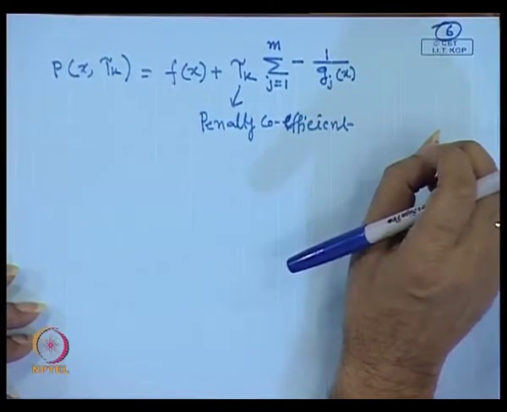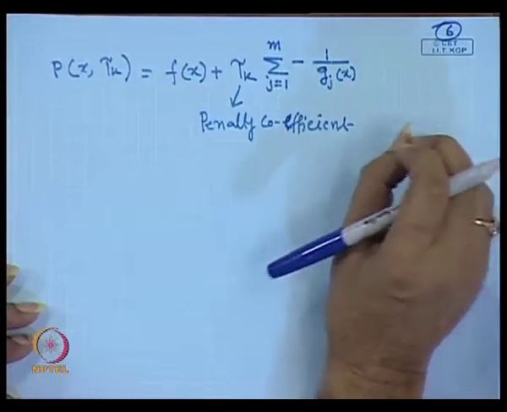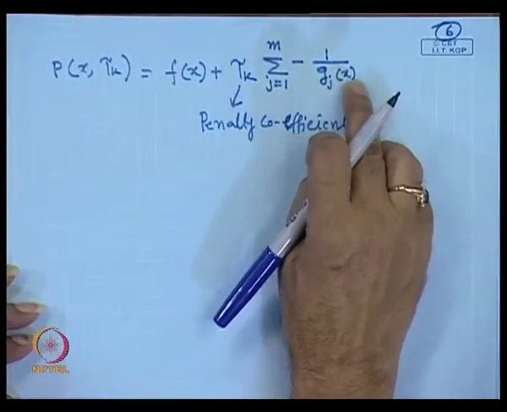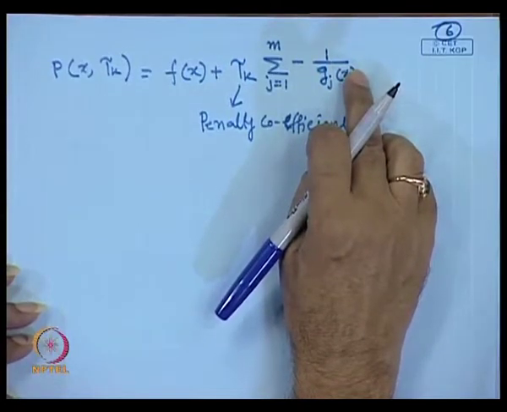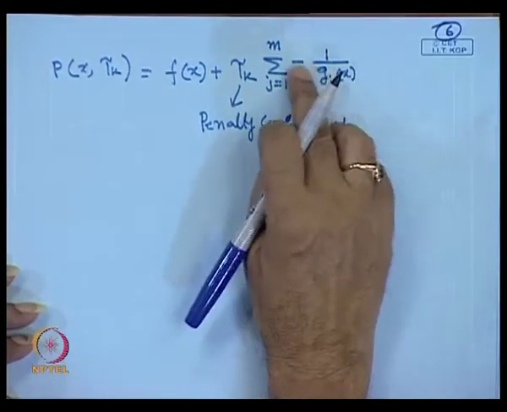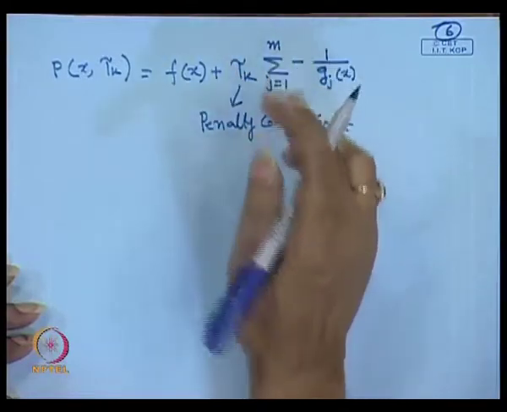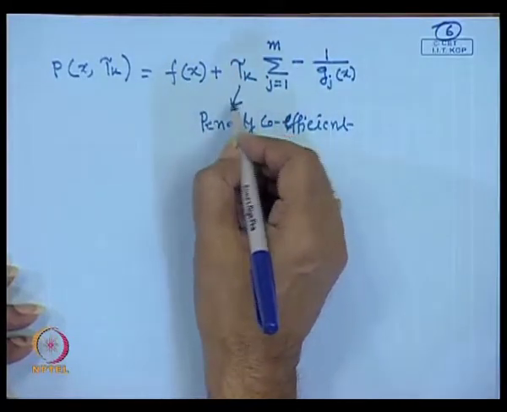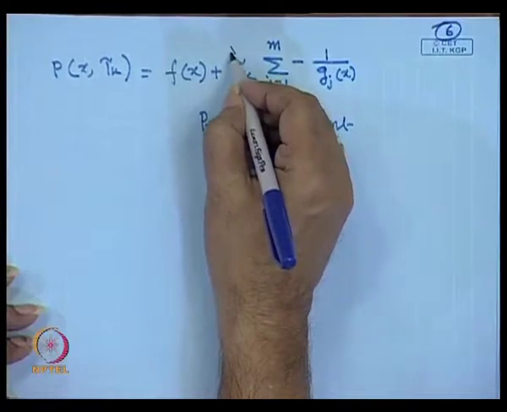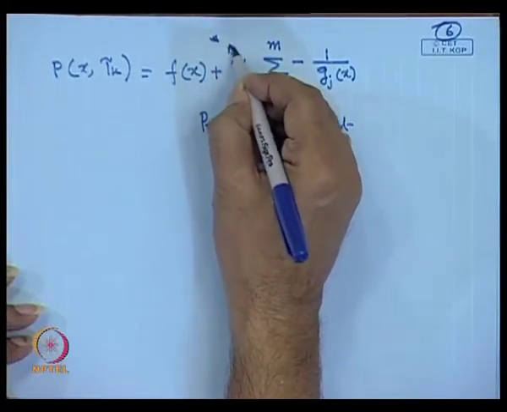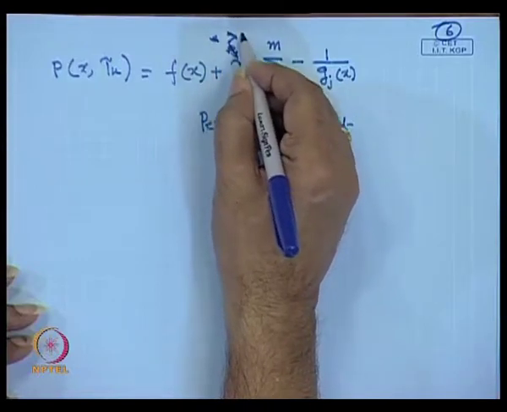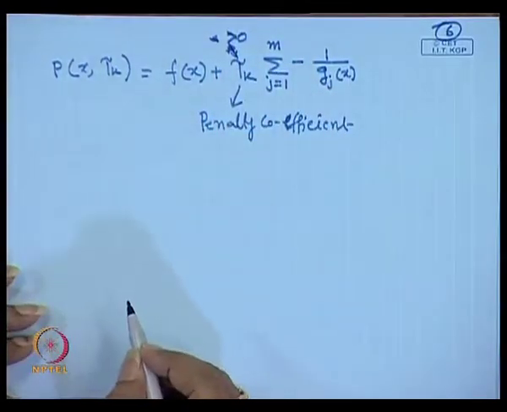In our case, P of x, tau k is equal to f of x, that is x, plus tau k times, with only one inequality constraint, 2 minus x, minus 1 by 2 minus x. I am now plotting this quantity.